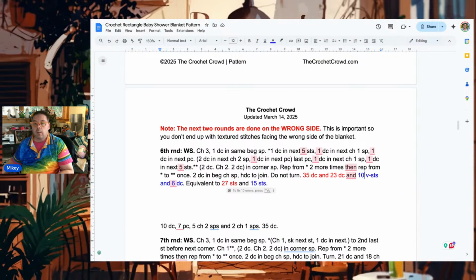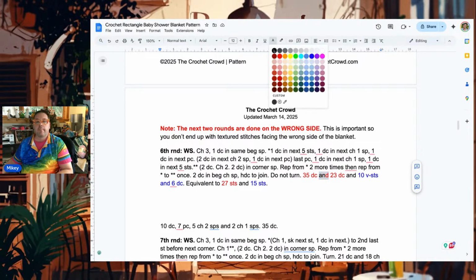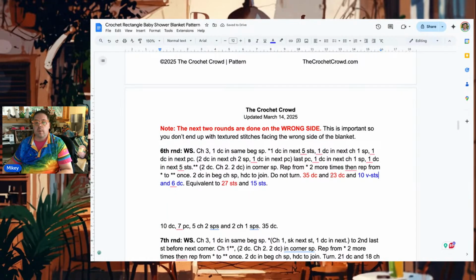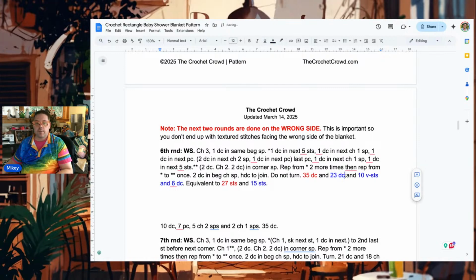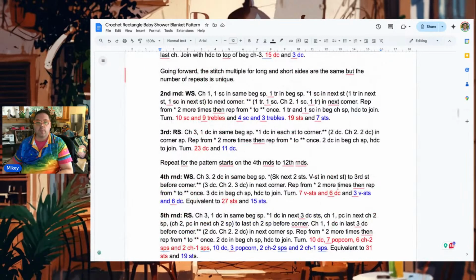Oh, I'm not on that. So 23 in DC, the blue. It'll get easier, I just got to get there. And this is the equivalent. Oh, it's the same information.